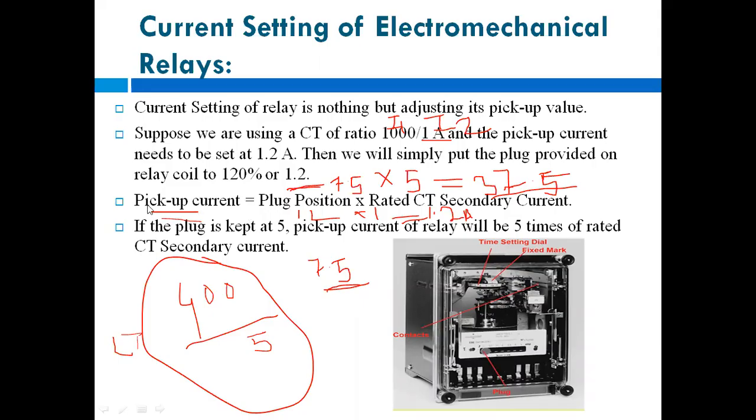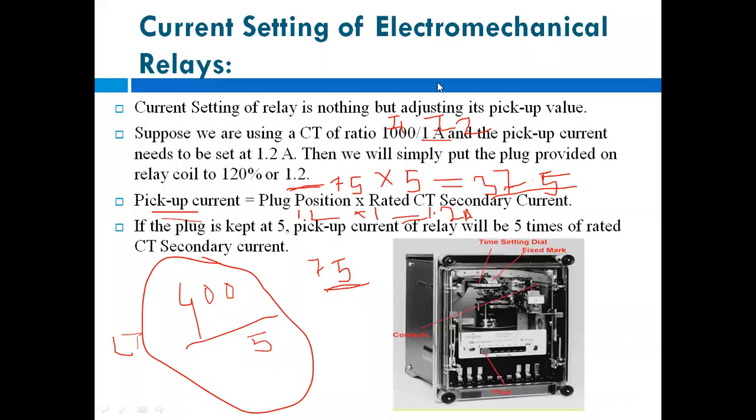The formula for pickup current is plug position into rated CT secondary current. The plug position is where you are keeping the plug, at 2.5, 3.5, or 2, 3, 4, and so on. And for the rated CT secondary current, one example is a current transformer having a primary current of 1000 ampere and a secondary current of 1 ampere.